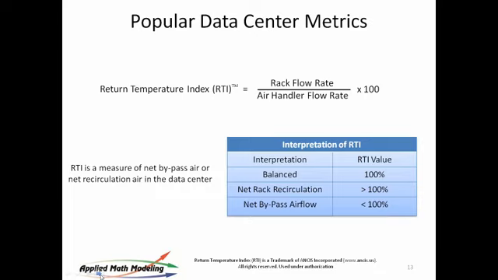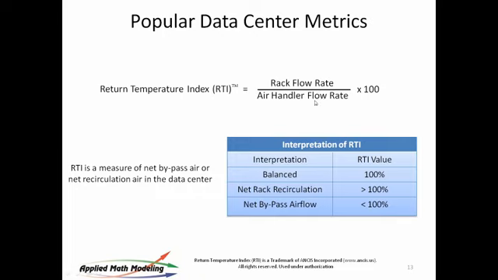It's just a simple ratio. And what you see here is that if the air handler, this is either CRAC or CRAH, however you want to look at it, if the cooling air flow rate is greater than the rack flow rate, it's going to drive this number down. If these are identical, if these are even, you're going to get 100%.